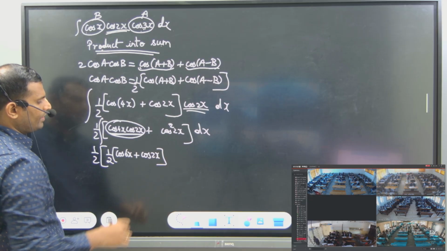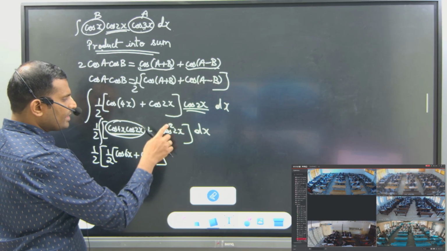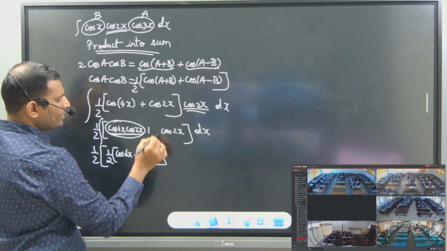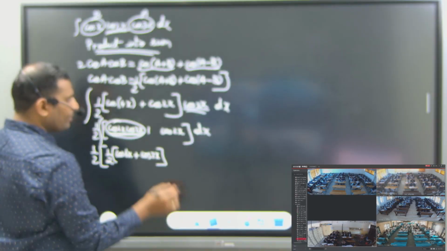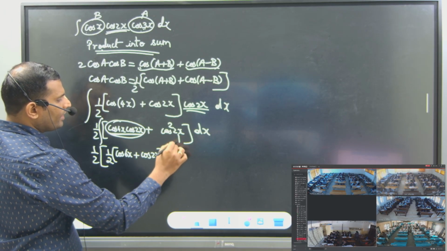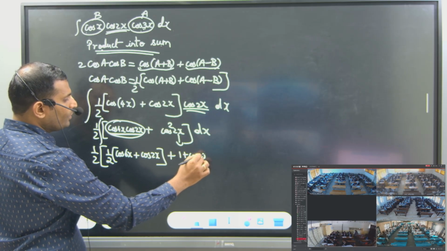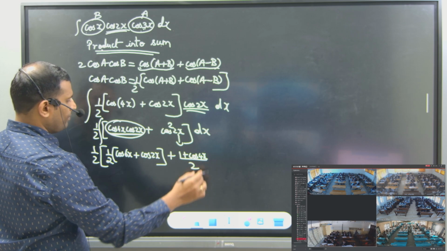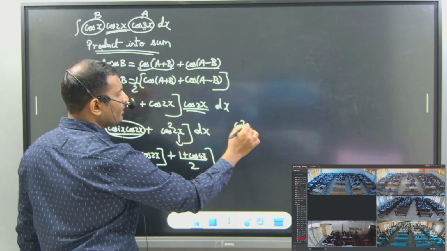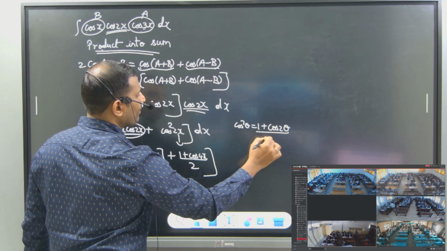Here also you can apply that same formula if you want. It's like cos 2x into cos 2x. Or you know that formula also. What is the formula for cos square theta? Cos square theta is nothing but 1 plus cos 2 theta divided by 2.